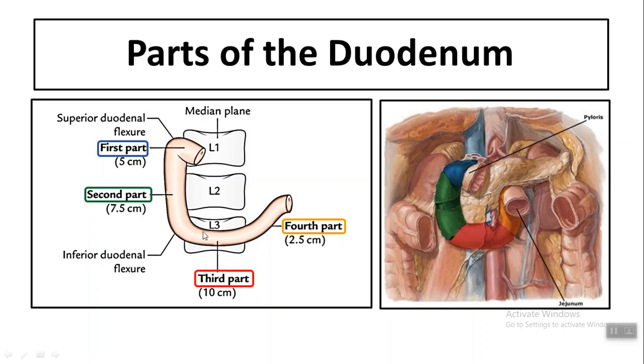The third, or horizontal part, lies at the level of the third lumbar vertebra, the subcostal plane. And the last part, the fourth part, which is the shortest one, lies on the left side of the second lumbar vertebra and ends with the duodenojejunal junction.